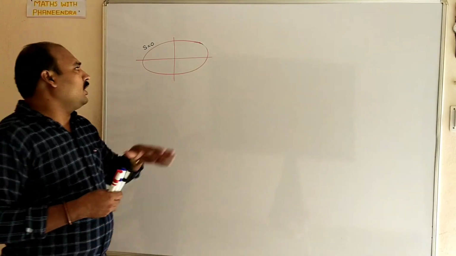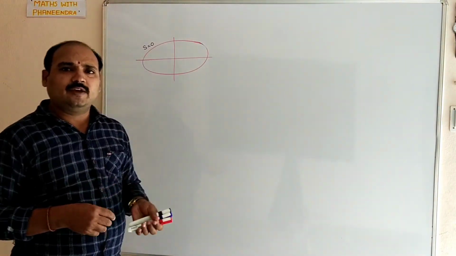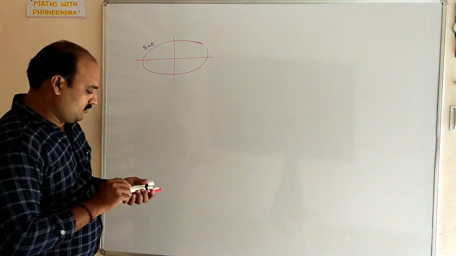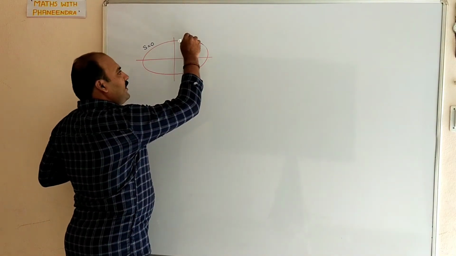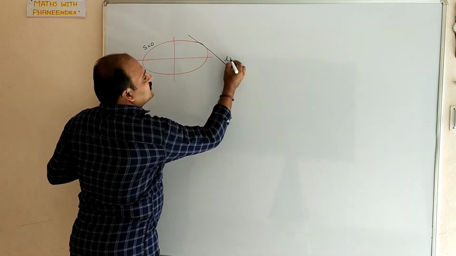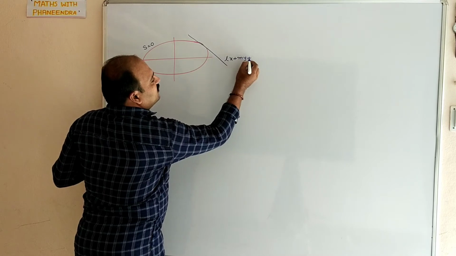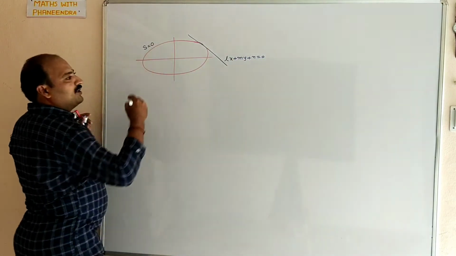Suppose in place of y equal to mx plus c, lx plus my plus n is there. This line lx plus my plus n equal to 0 is to be tangent.